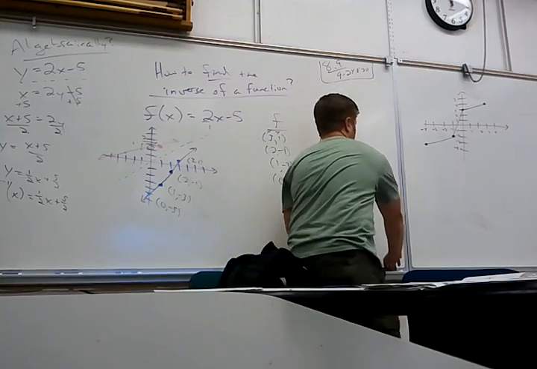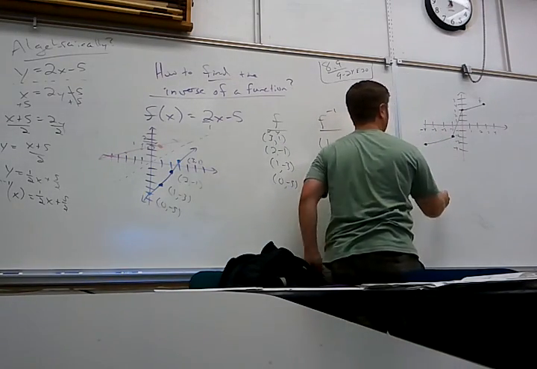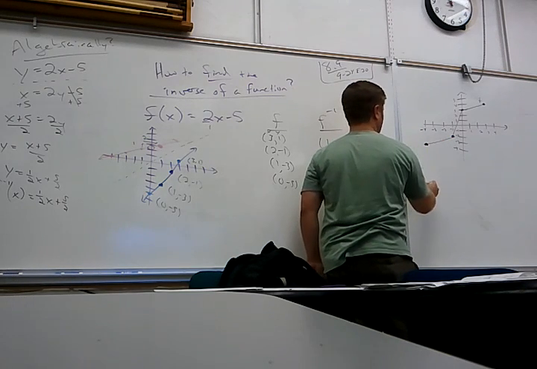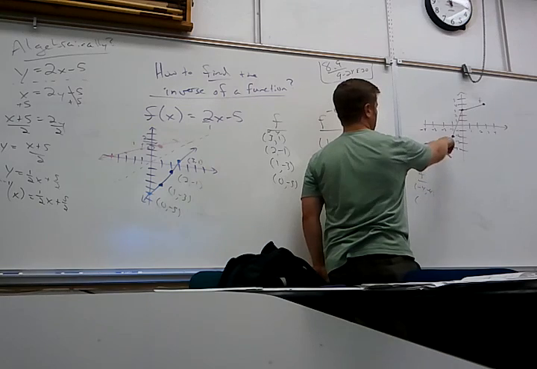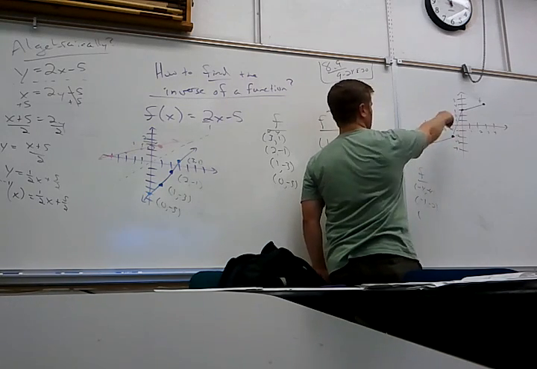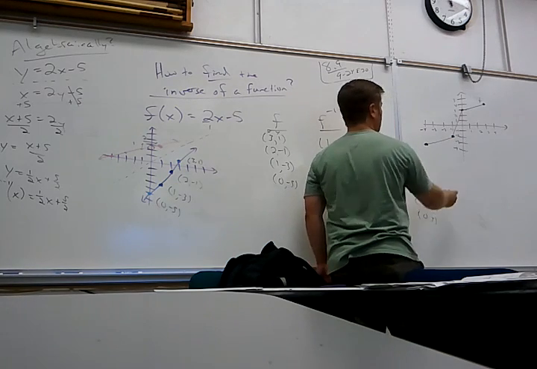What points does f go through? This is f. What points does it go through? -4, -4. -1, -2. 3, 0. 0, 3.